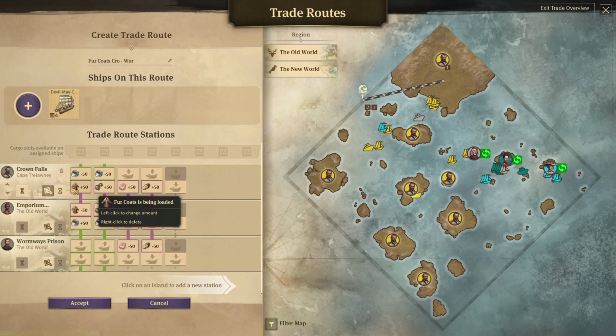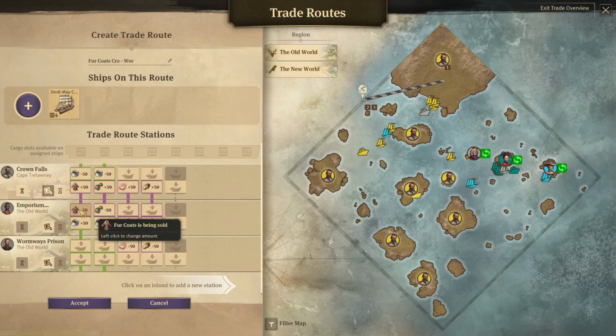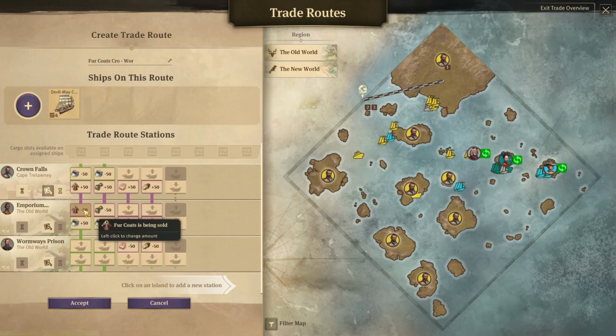So I'm telling this trade route from Crown Falls to pick up coats, spectacles, soap, and bread. And he is selling the fur coats and the spectacles to Madame Kahina, and the soap and the bread to Wormways Prison. I'm selling these specifically because Madame Kahina does pay more for fur coats.